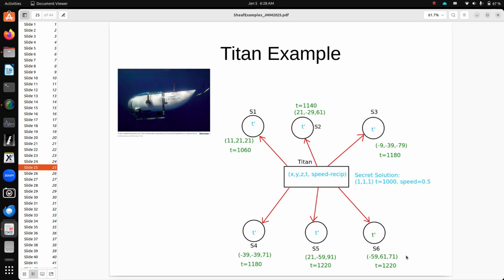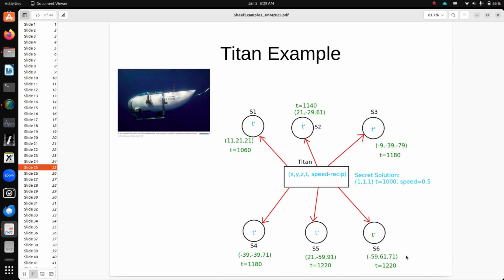For a really simplistic model, even 6 listening stations, knowing where they are and what time they heard the explosion, should be able to reverse engineer where the Titan was when it blew up, and how fast the speed of sound was traveling in the water at that moment. That's, of course, making the assumption that it's consistent everywhere, and that's false, and I understand that.